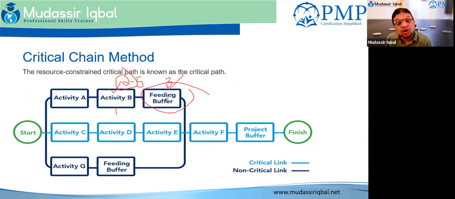No, this is also not equal to the float by which you can delay this activity for 5 days. No, I have asked to put a buffer activity of 5 days in between. It's an activity, you can say this is activity FB1, this is activity FB2, like activity G, activity C, activity D, and activity E.